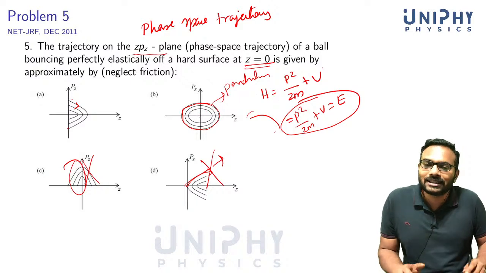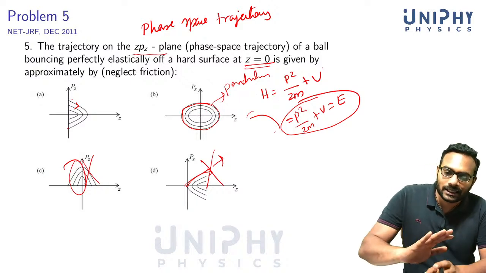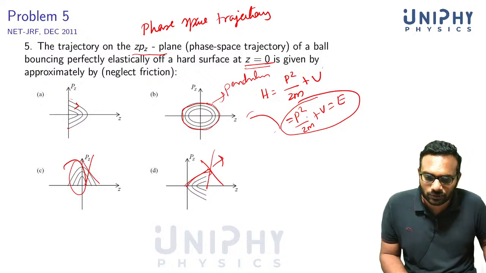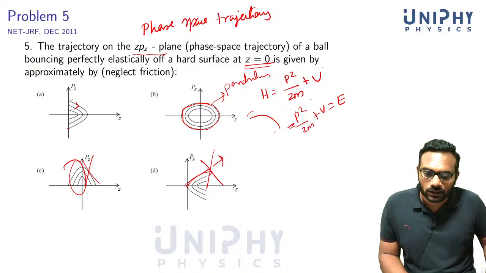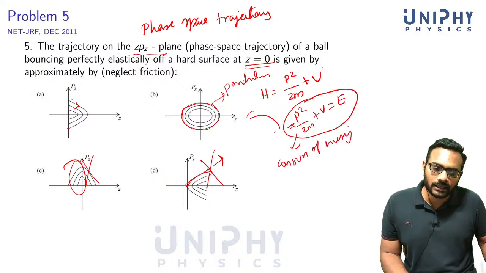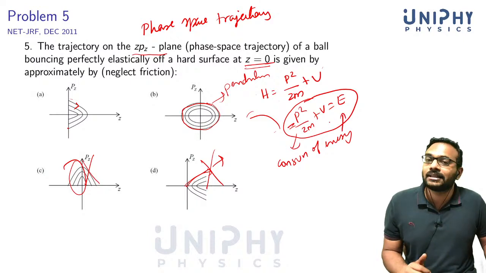In the case of two-dimensional phase space, that constant energy surface is a line. That's why we get the trajectory just from this equation. We get the trajectory for a one-dimensional system. The conservation of energy directly gives you the trajectory.